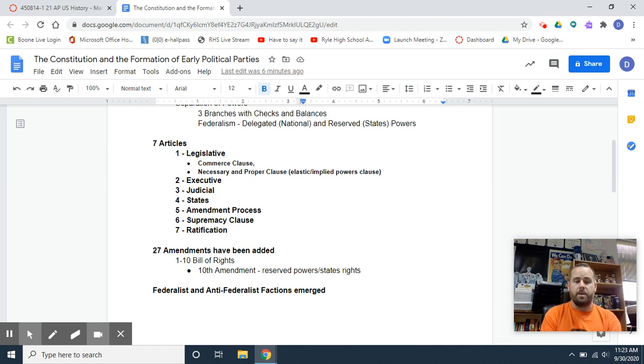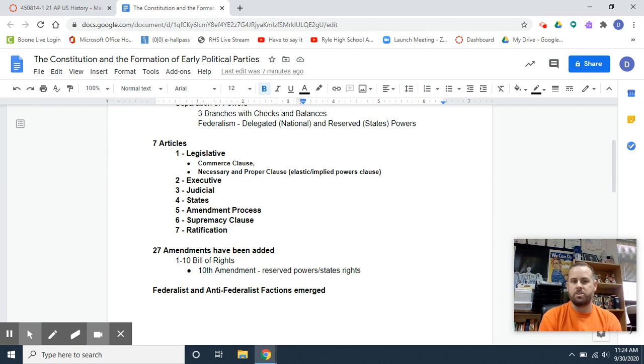Over the course of our history, we have now had 27 amendments added. Just so you know, the amendment process is a difficult process to get done. Our Constitution allows itself to be changed, but that's not easy, and it's going to take a significant threshold to get the support for an amendment.